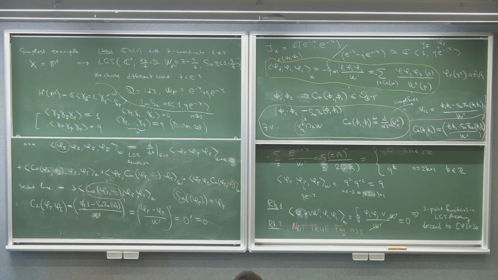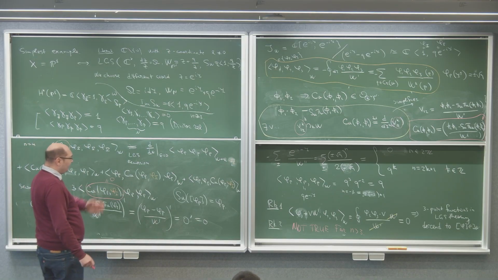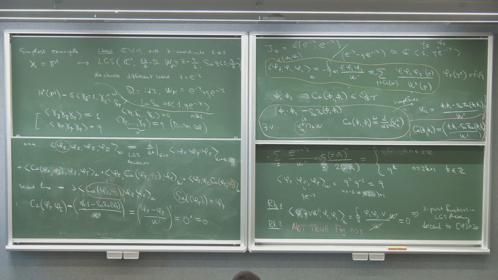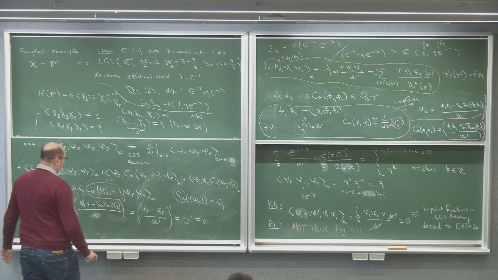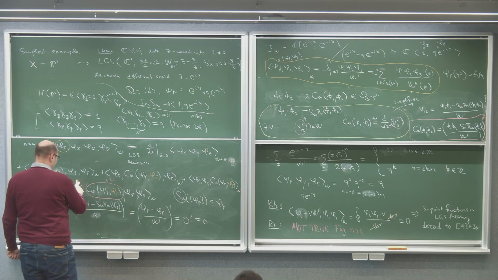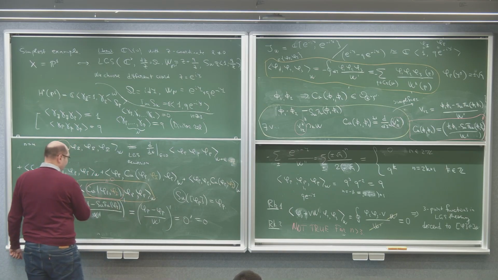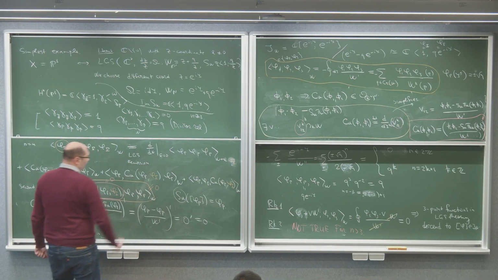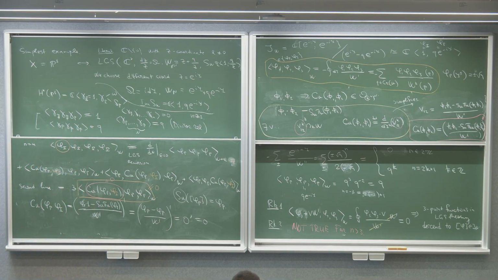If you put 0 times some phi, the answer would be 0 times some 3-point function, and that will also give us 0. Because we have one argument equal to 0, this whole correlation function also vanishes.